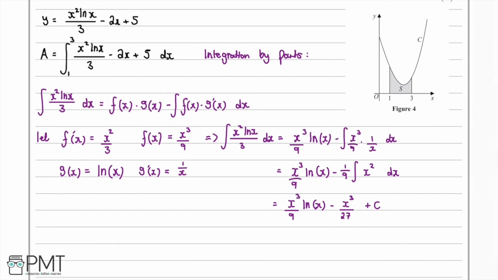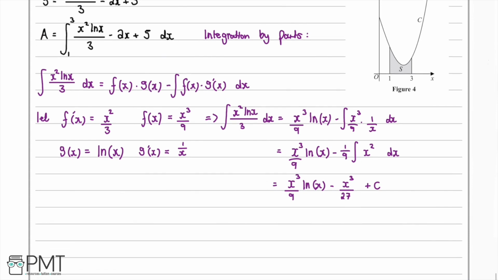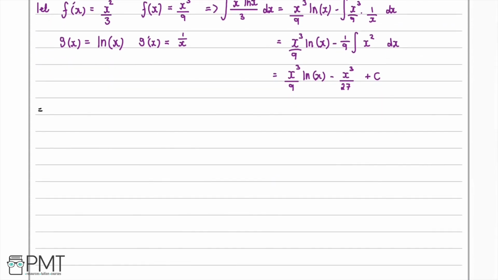So as you can see, I've now worked out the integral of x squared ln x over 3 with respect to x. This means I can come back to the equation up here and integrate negative 2x and 5, and then we'll have worked out the area. So the area is going to be equal to the integral of x squared ln x all divided by 3, and then as we know, we subtract 2x and add 5, with respect to x.